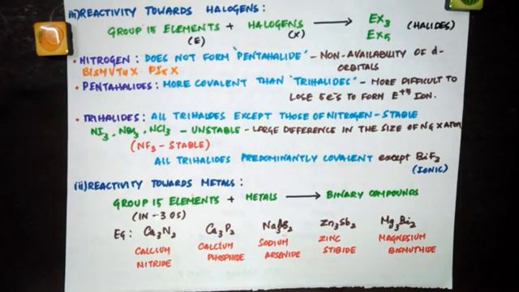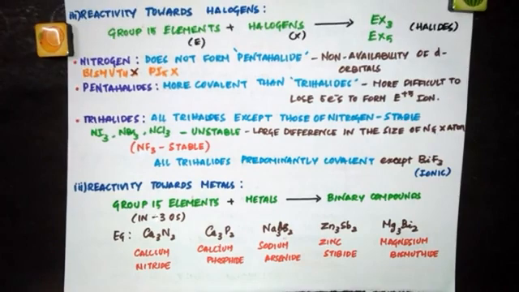And the next one, bismuth. Pentahalide of bismuth does not exist because of the strong inert pair effect. I told you already what the inert pair effect is: the reluctance of the valence s electrons. When you take the valence electronic configuration of group 15 elements, you have ns2, np3.